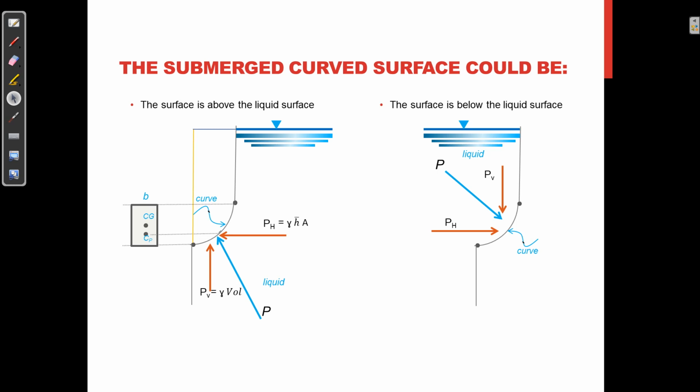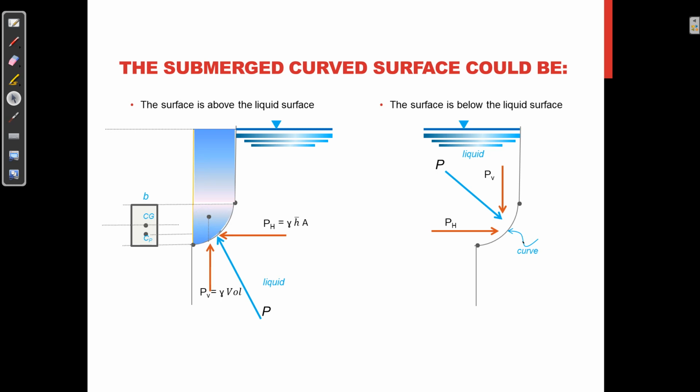And the area bounded by that one will be considered. Say, in this case, we have a rectangular portion and a quarter circle. So, the component of the vertical is concentrated on the centroid of these two composite shapes.